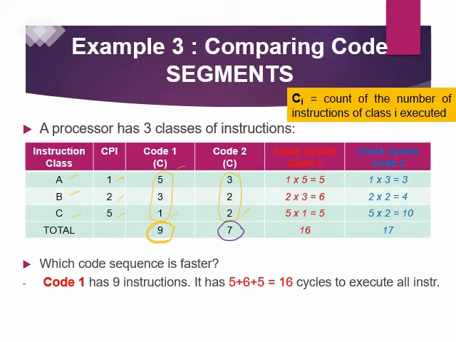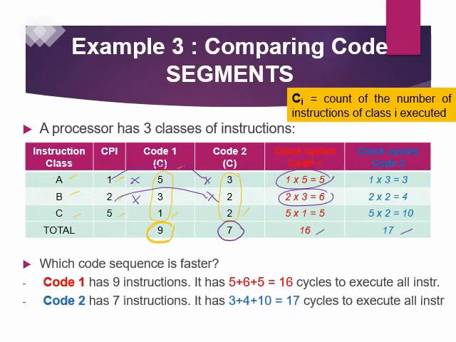So what we do is we times 5 and also this we times. Yeah, we times and we times, so we get these numbers and we total them up to get the clock cycle. So it says here code 1 has 9 instructions but using 16 cycles, while code 2 has 7 instructions while using 17 cycles.